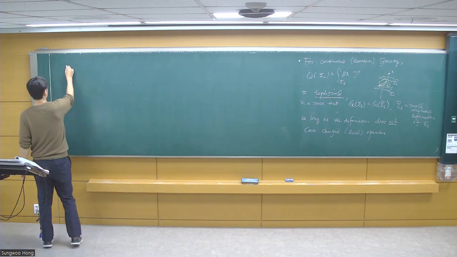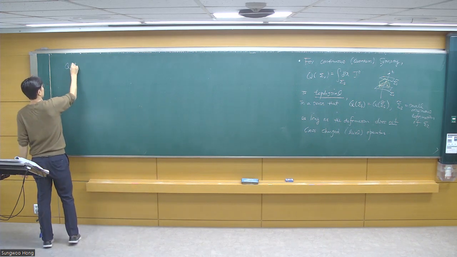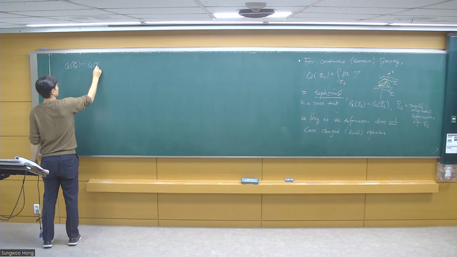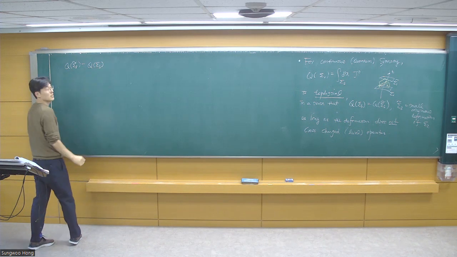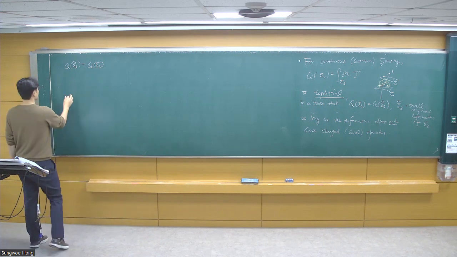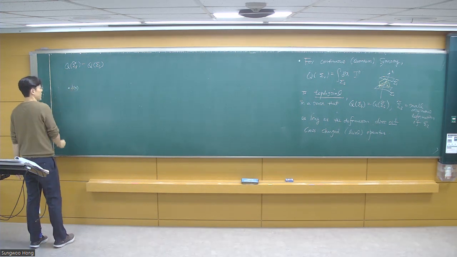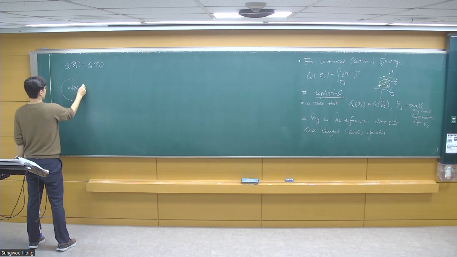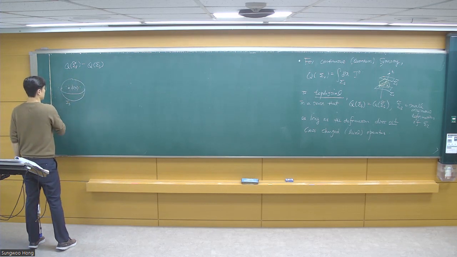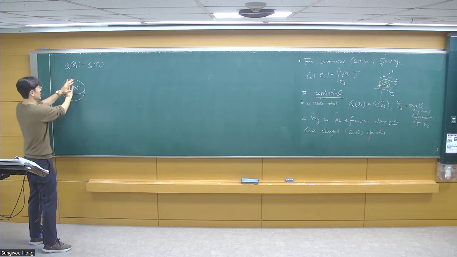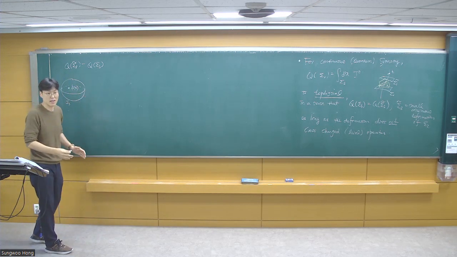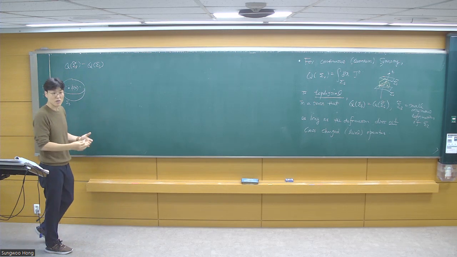So let's consider Q of sigma 3 tilde minus Q of sigma 3. For the sake of completeness, let's consider the following configuration. Here's my charged object, phi of x, and I'm surrounding it with sigma 3. I'm drawing as if it is a two-sphere, because I cannot draw a three-dimensional object.